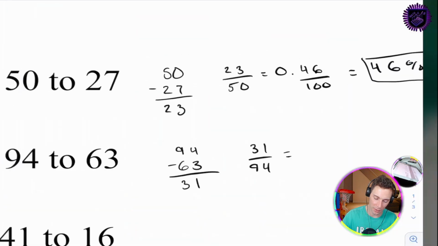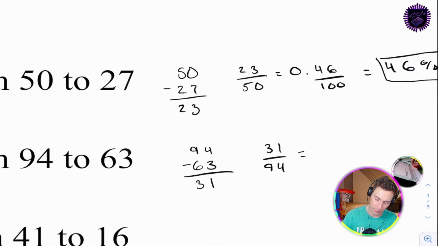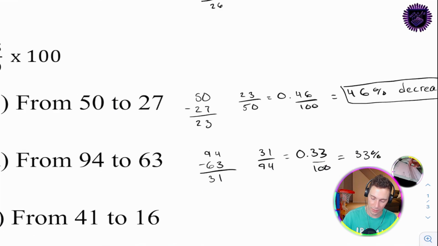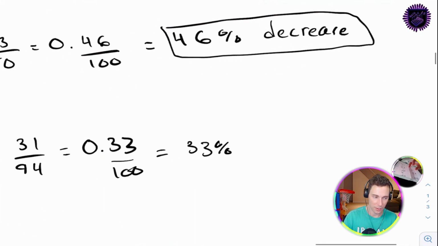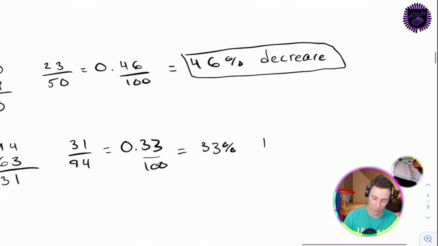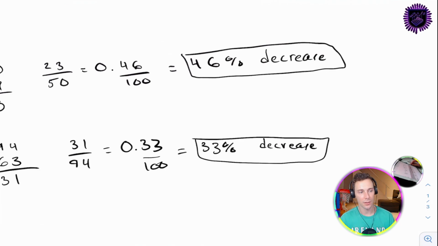Round that up to 0.33. Write that over 100. It's going to be equal to 33% decrease.